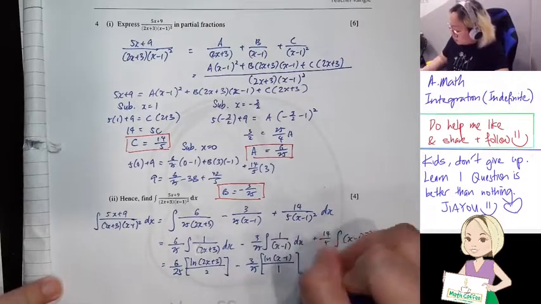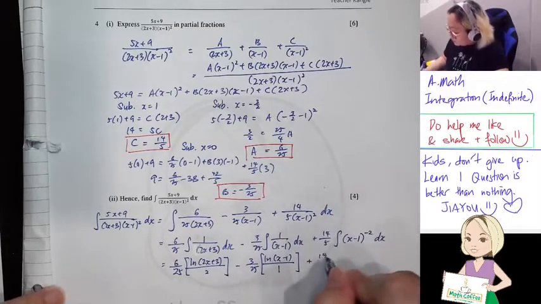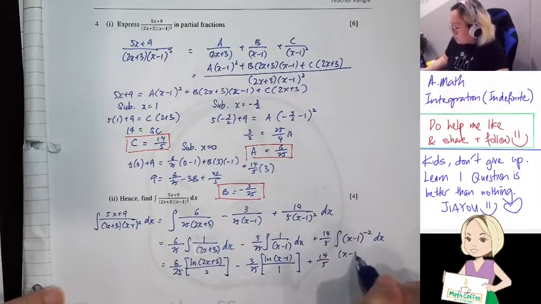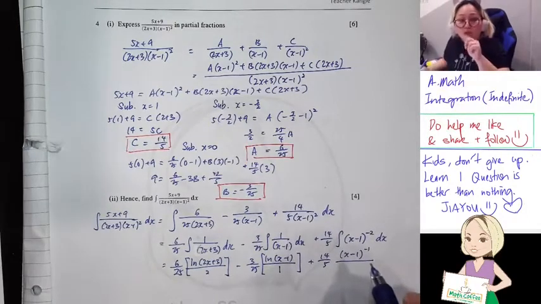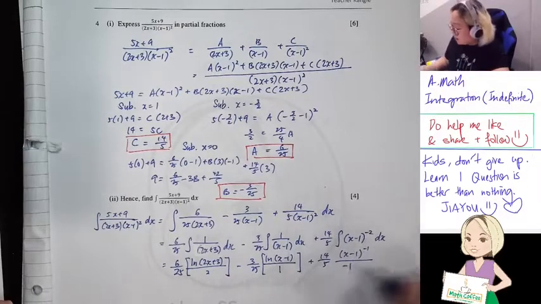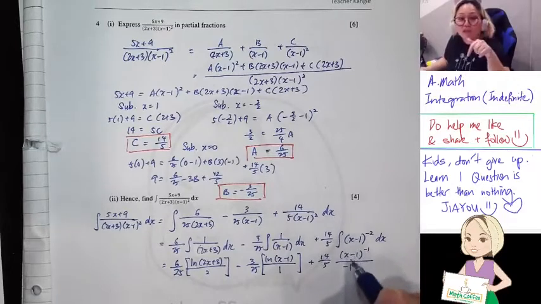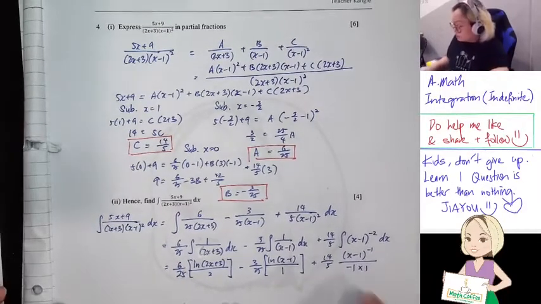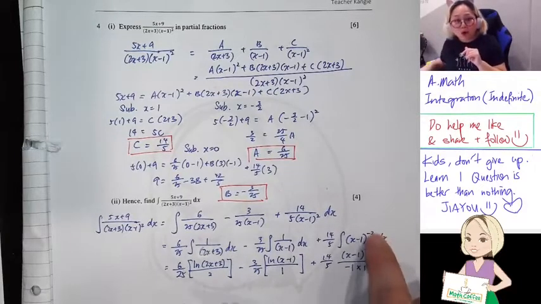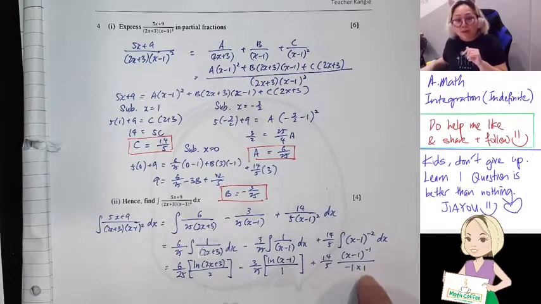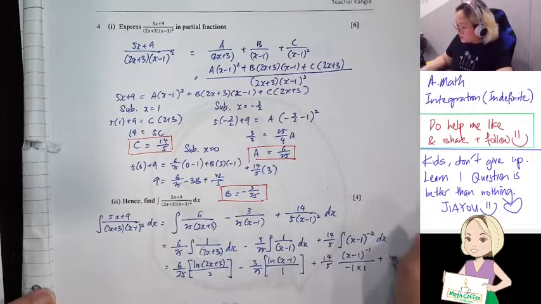Then for this 14 over 5, power plus 1, minus 2 plus 1, so it's negative 1, over, there are two numbers that I have to put at the denominator. First is the new power, which is the old power plus 1, so it's negative 1, multiplied by differentiate the inside, which is 1. And don't forget, this is plus c.